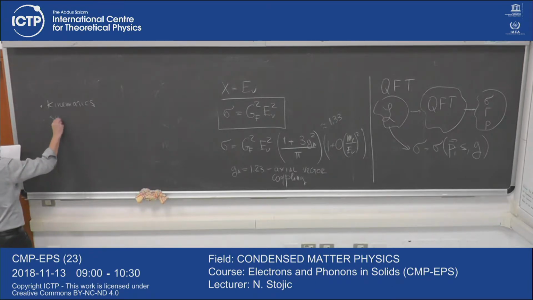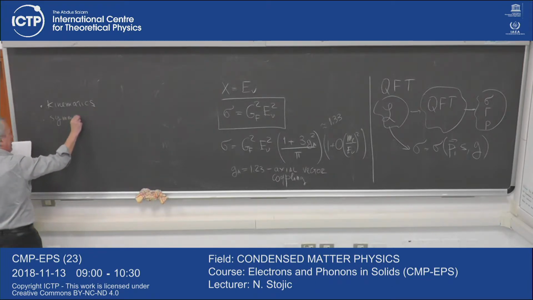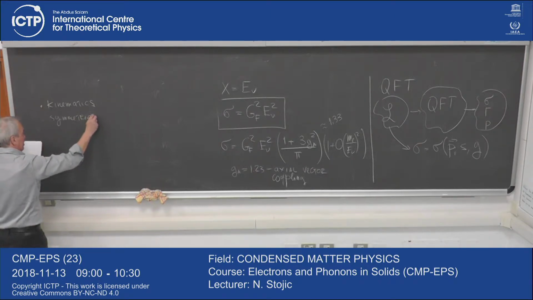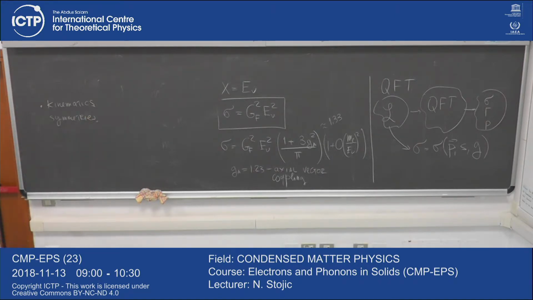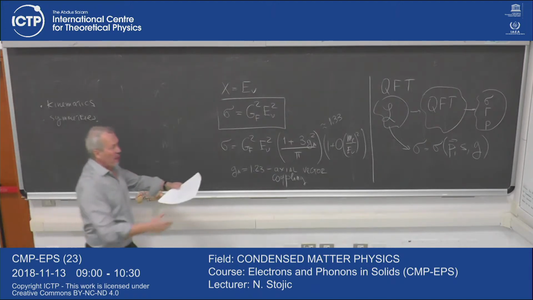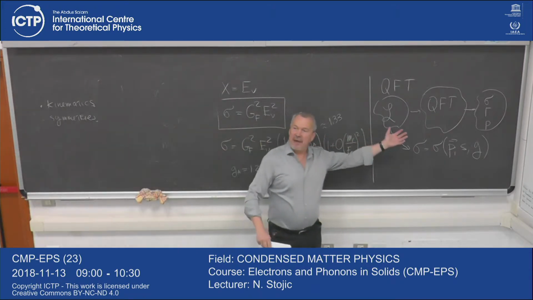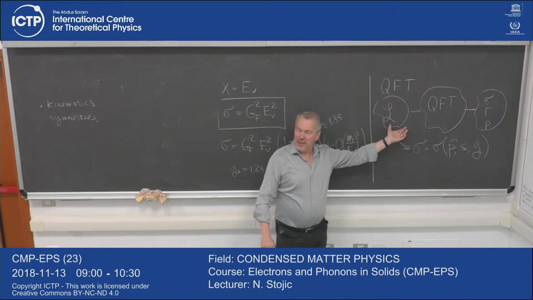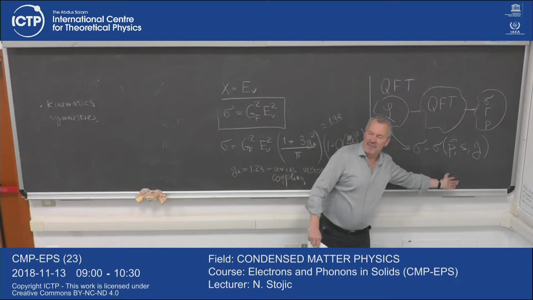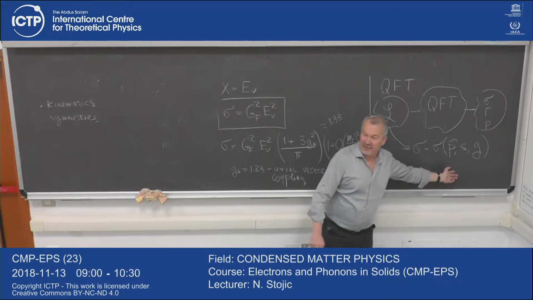Symmetries. I did use the symmetry here, but what is interesting is that you can look at your Lagrangian. Lagrangian may have some symmetries. And then already this tells you what should be the functional dependence of your final answers.